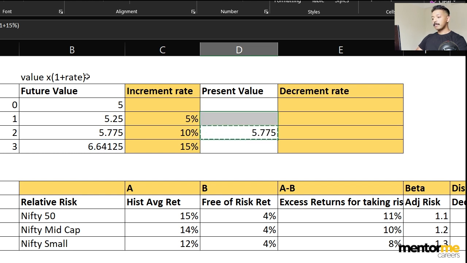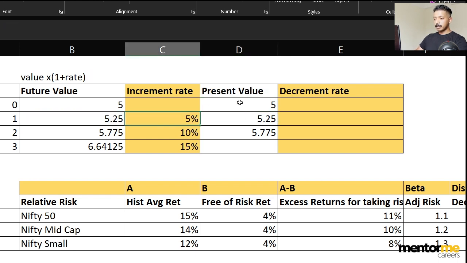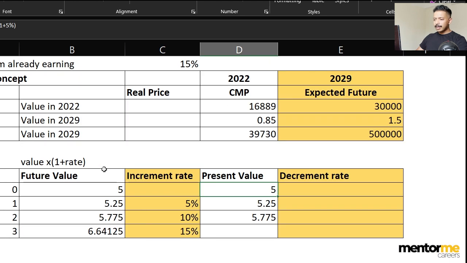If we extend the formula, it becomes 5.02. Obviously the value is different here because I've taken a different rate. If I take 10%, I get 5.25, and if I divide that by 5%, because that was the rate in this period, then I get back. So all that is happening is just a rearrangement of the algebra.